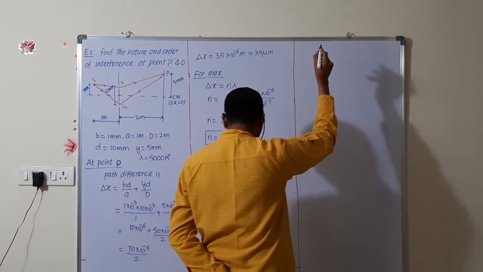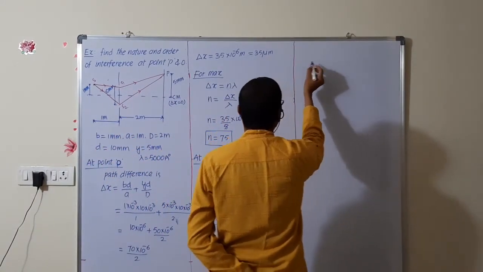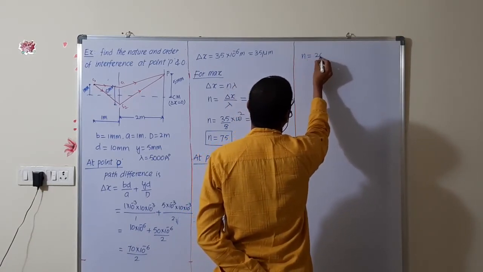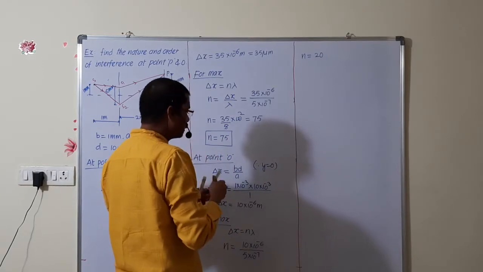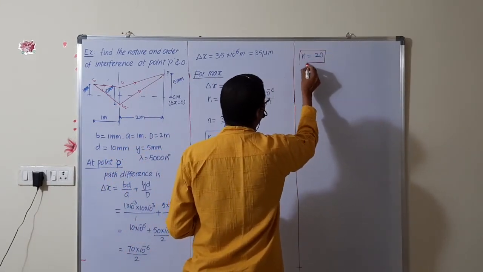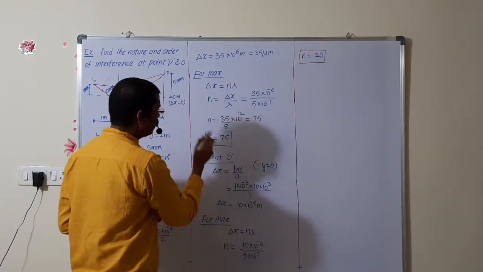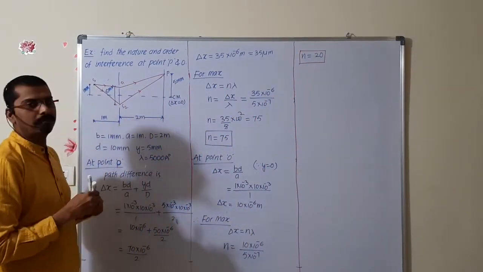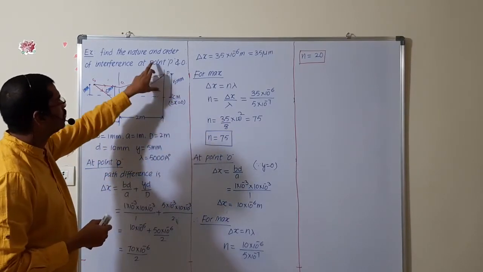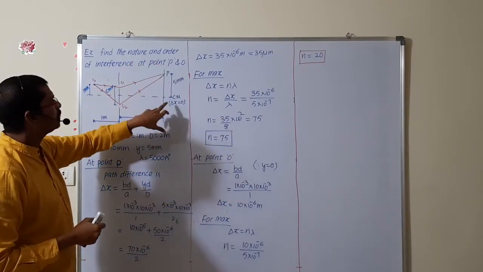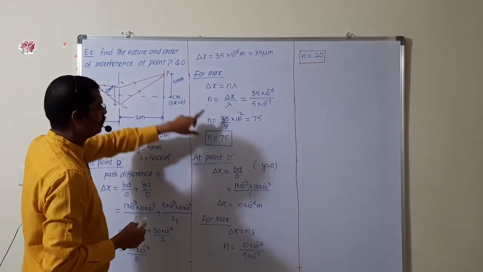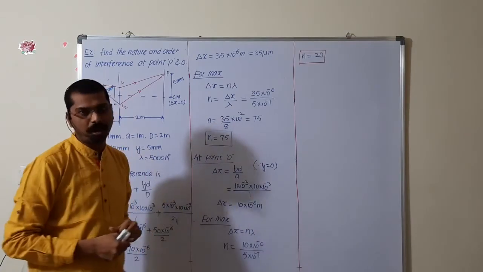Now that value we can write: n is equal to 20. So at point O, the central maximum is formed, and the value is 20. At point P, the value is 75.